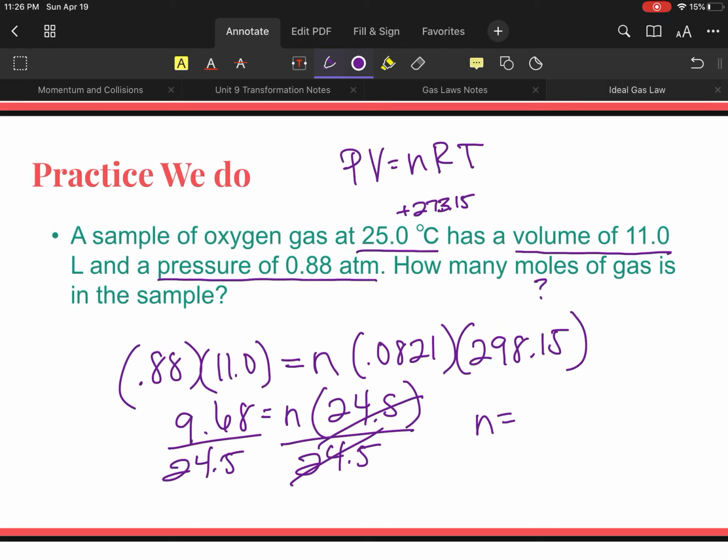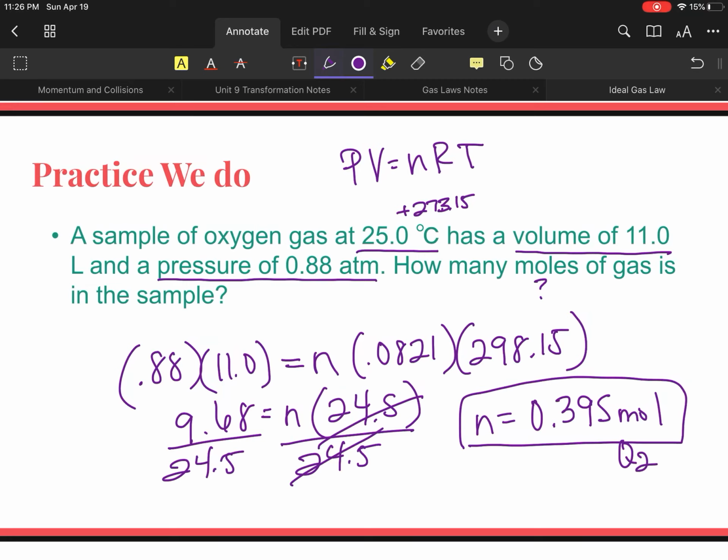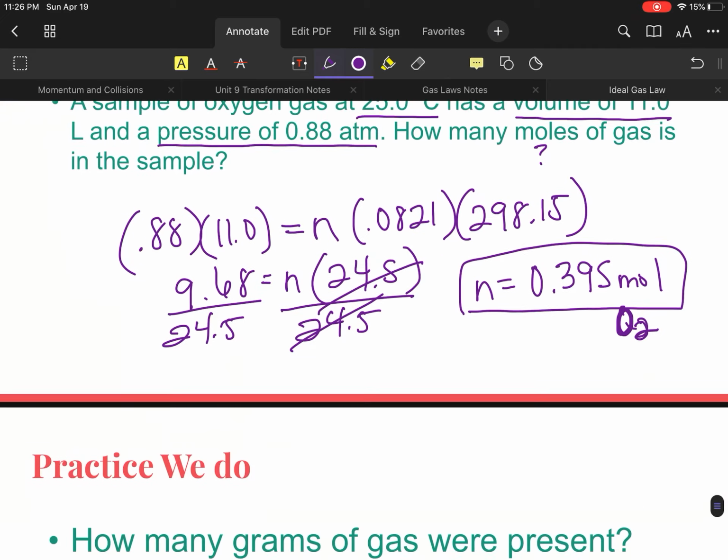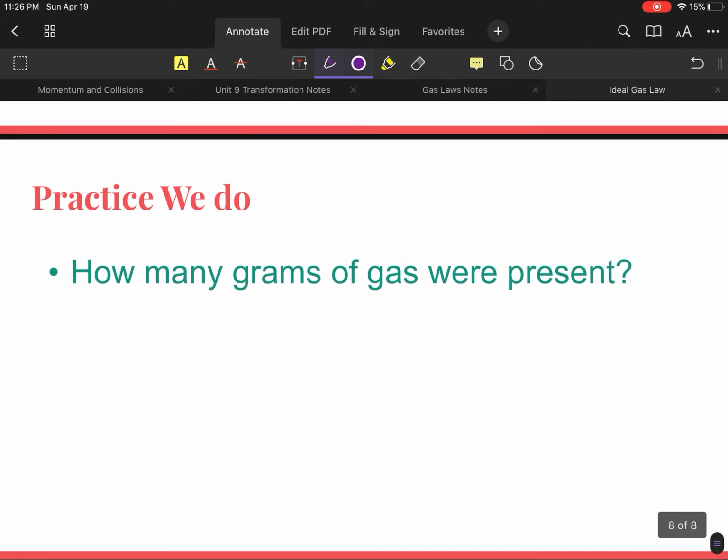So my number of moles ends up being pretty small, 0.395 moles of the sample. It has oxygen, so moles of oxygen. That's an O, not a Q.